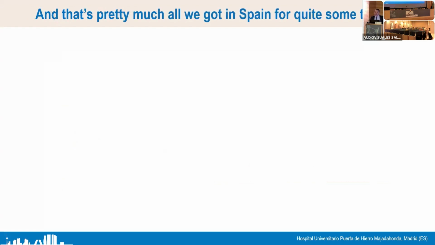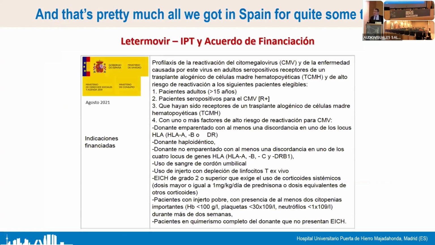And that's pretty much all we got in Spain for many years. Why? Because this is the approval of the Ministry of Health for reimbursement of letermovir, which limits the reimbursement and the approval only to high-risk patients.